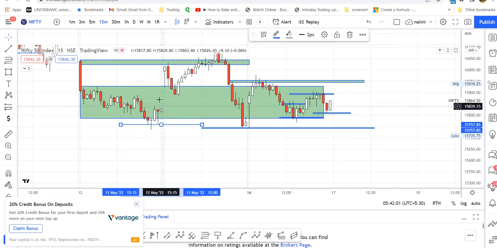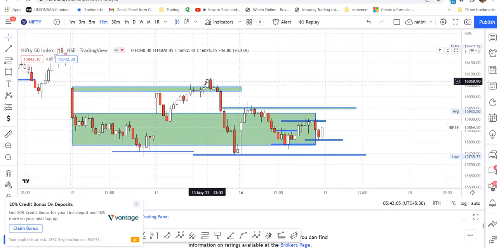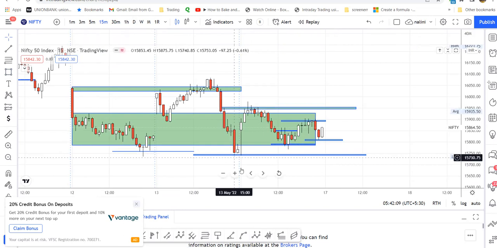That's why it started gapping up, and this is the manipulation of this range, inducement, and then price came down. It got manipulated by this, and the buy, that is an inducement, manipulation of this range, 1, 2, 3, 4.